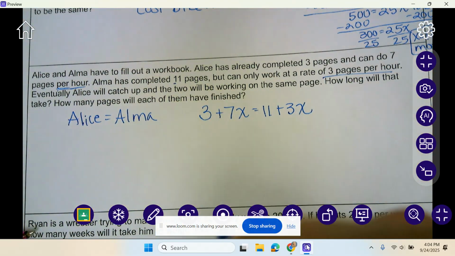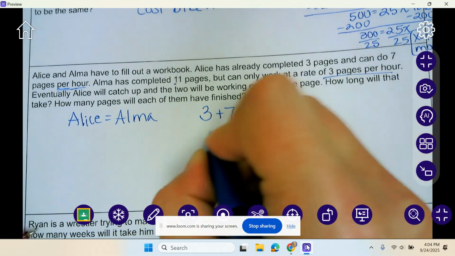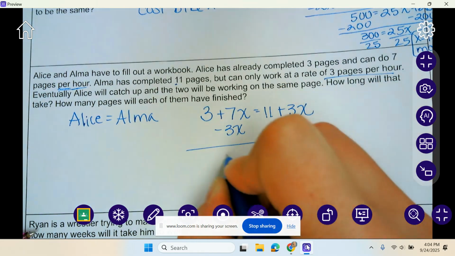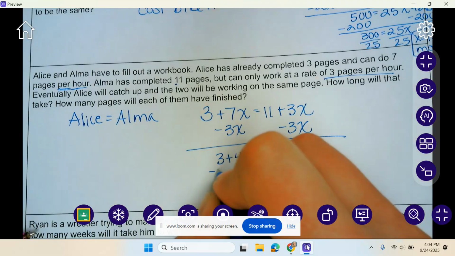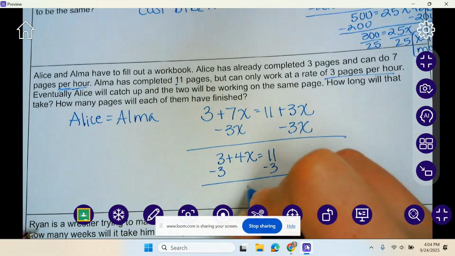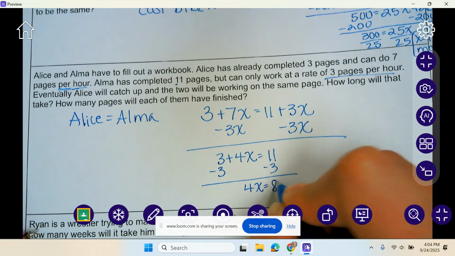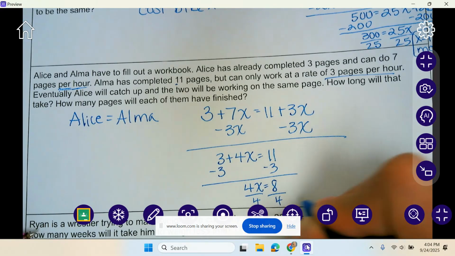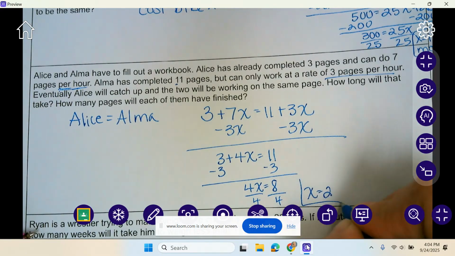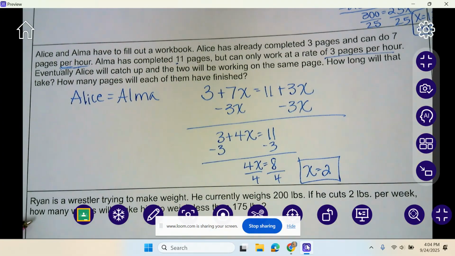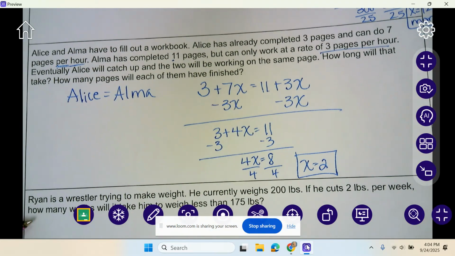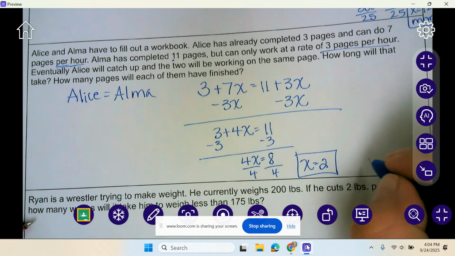Okay, so first step is move the variable, so minus 3x. You get 3 plus 4x equals 11, so minus 3. You get 4x equals 8, divide by 4, x is equal to 2. And then 2 would be 2 hours.